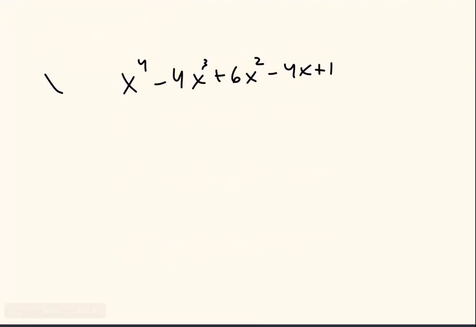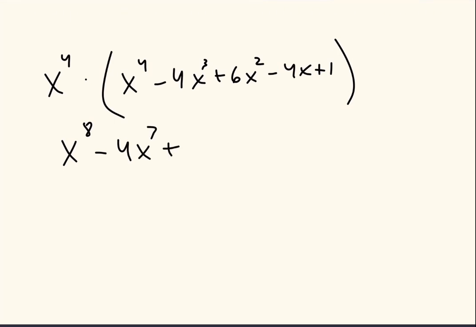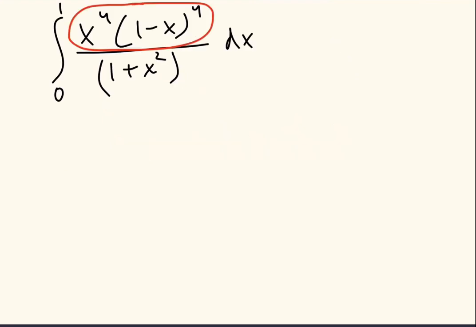So you write x to the power of 4 times this entire thing, and you should get x to the power of 8 minus 4x to the power of 7 plus 6x to the power of 6 minus 4x to the power of 5 and plus x to the power of 4. And that's basically the numerator.